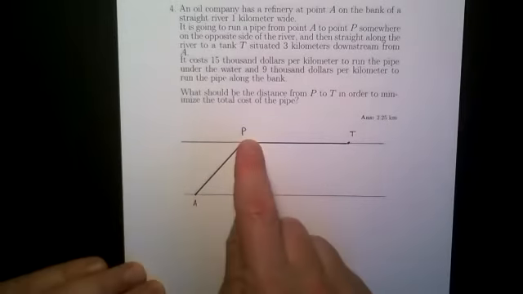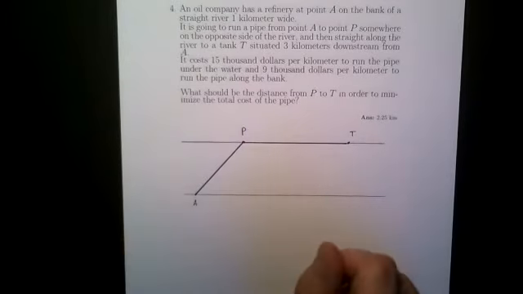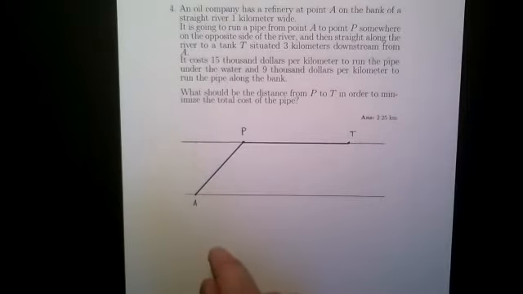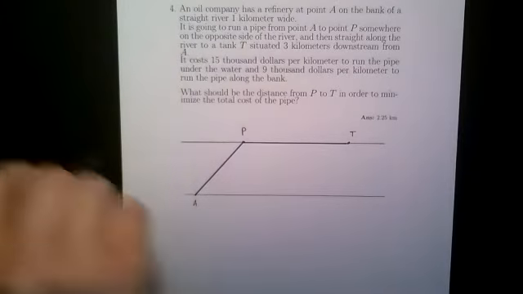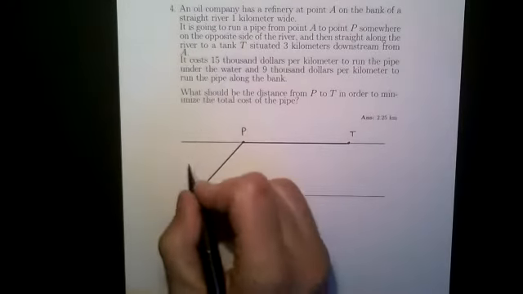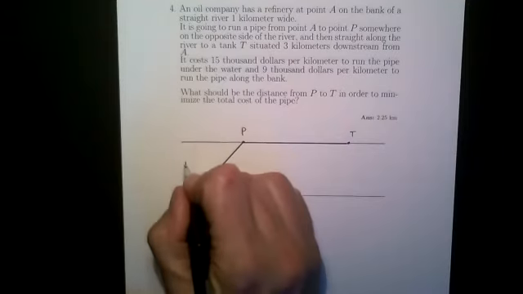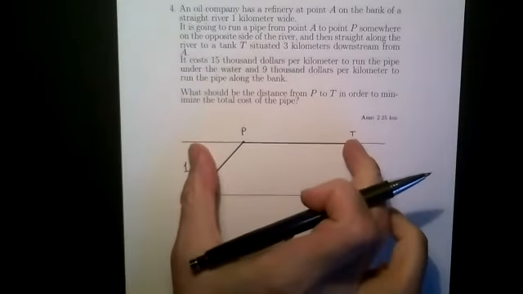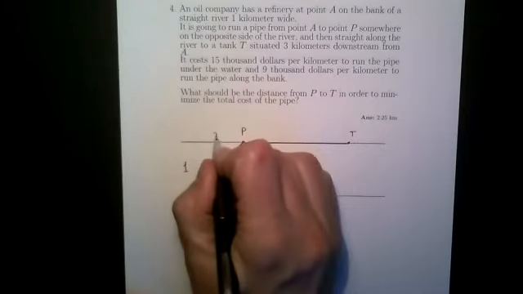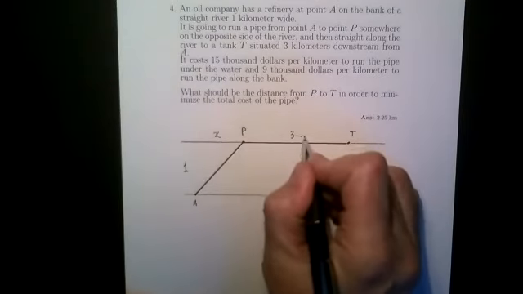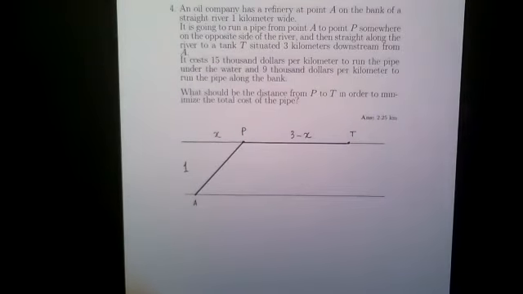So one part underwater and one part underground, along the riverbank. Okay. It costs, so what are the dimensions here? So this is 1 kilometer. This whole thing is 3 kilometers, so let's call this X. And of course, this will be 3 minus X.